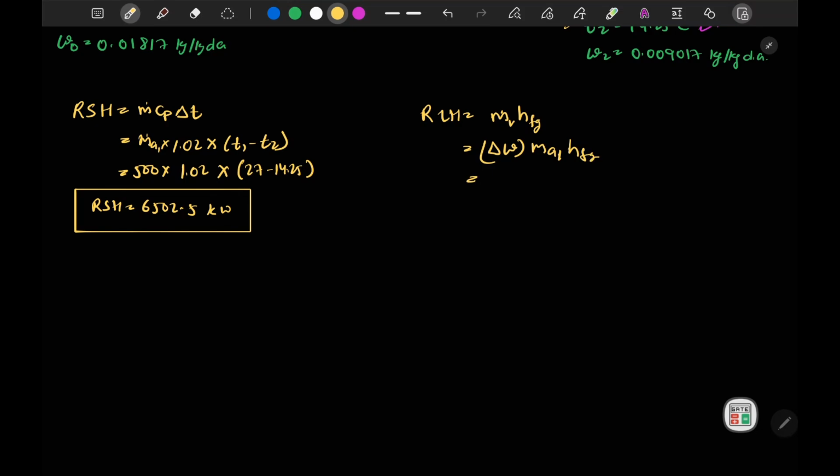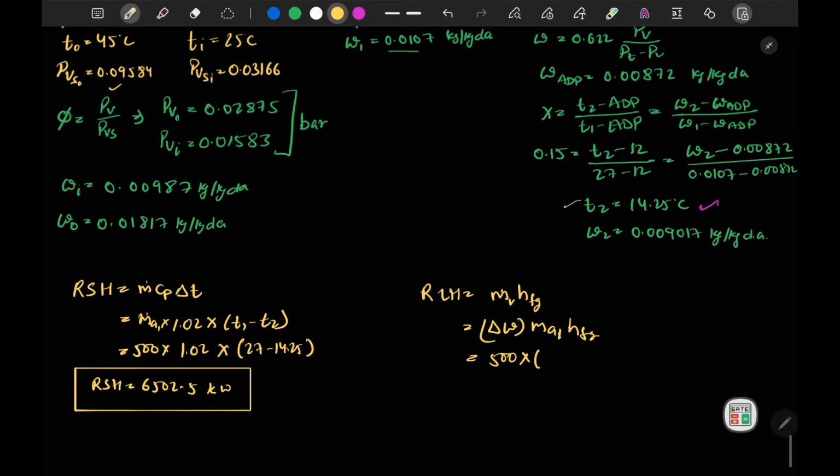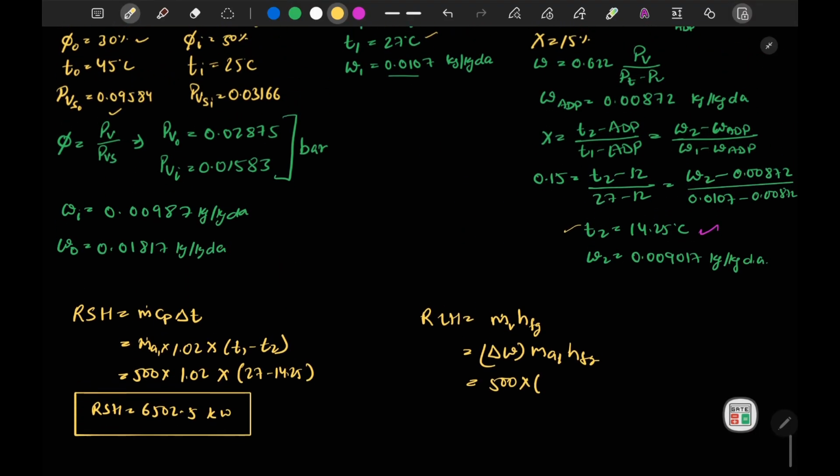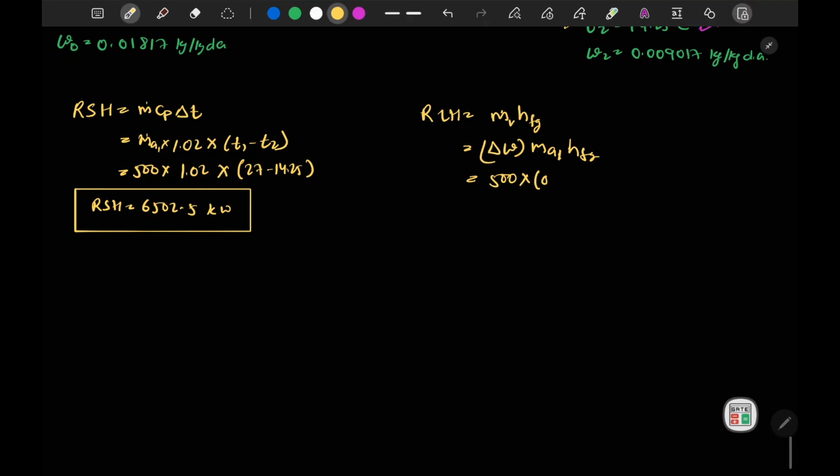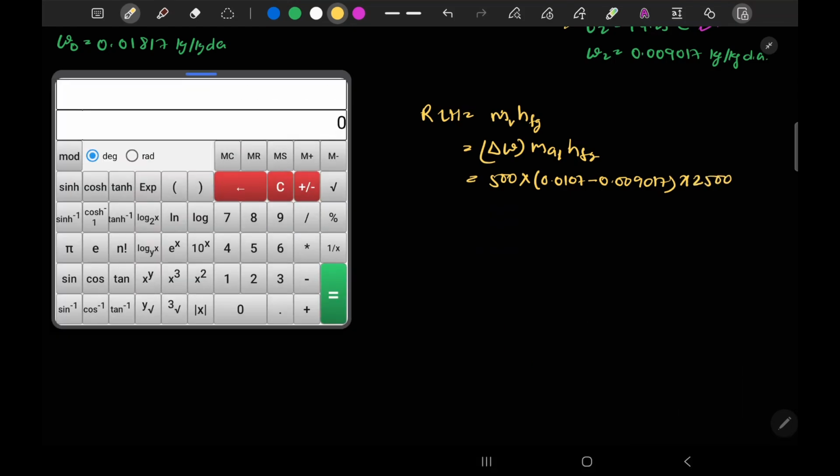So I can write it as 500, that is ma1, into delta omega, which is omega 1 minus omega 2. Omega 1 value is 0.0107, minus omega 2 value is 0.009017, into HFG, which is 2500.